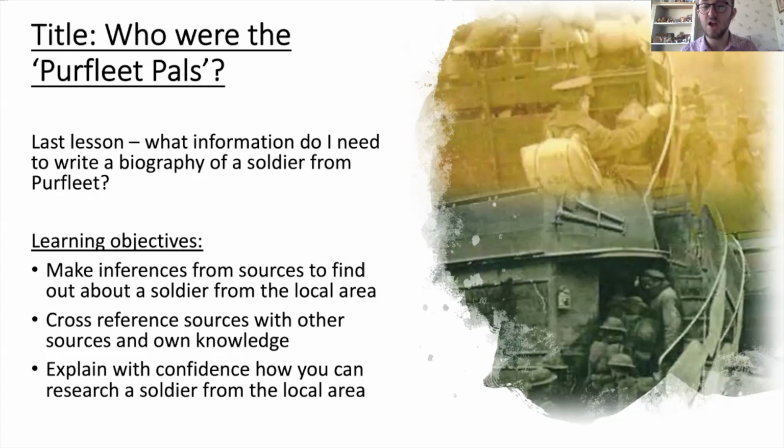Like I was saying, historical claims need to be made using multiple sources. You can never make a claim using one source. So that's a really important skill, especially because this is about remembrance, honouring those men who gave their ultimate sacrifice. We need to make sure we're getting it exactly right when we write our biography, to be respectful and truthful to the history.